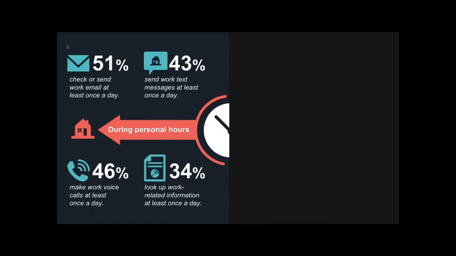And probably the reason for that is that during our personal hours, we seem to be involved in a lot more work than we ever used to be. You can see the stats. 51% of us send or check email when we're away from the office. 43% of us will send texts. We'll make voice calls outside of traditional work hours, and also look up information on networks and internal systems.